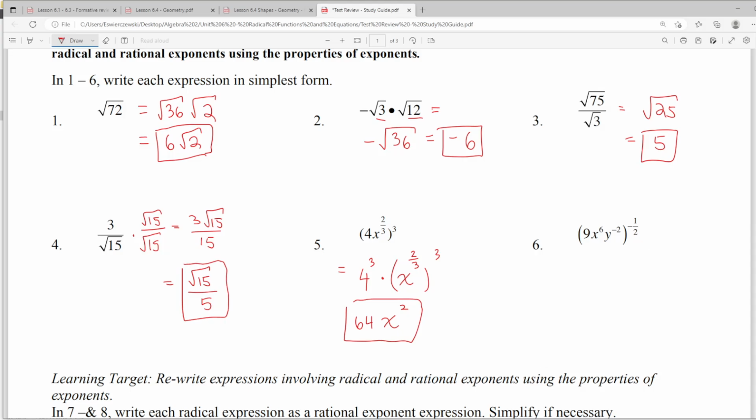Last one, similar idea. I first use the product to a power rule, so negative 9 to the negative 1/2, or I'm sorry, 9 to the negative 1/2 times x.